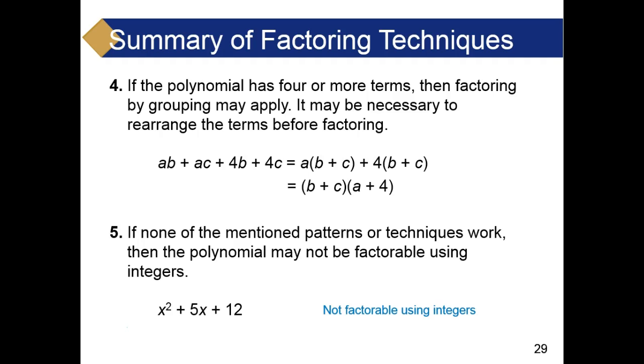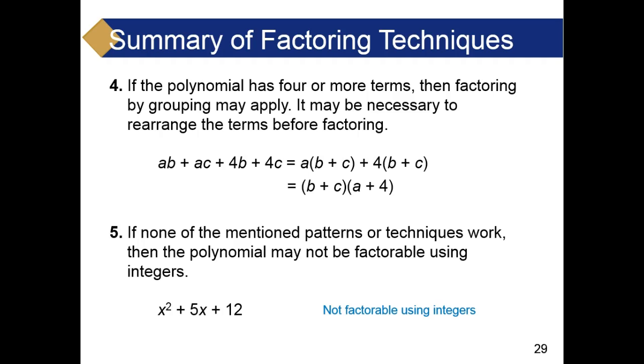This one, no common factors. Not a 2-term, but a 3-term polynomial. You might try unfoiling. Well, this has to be x times x. This has a bunch of different factors: 3 times 4, 2 times 6, 4 times 3, 6 times 2, 1 times 12, 12 times 1.